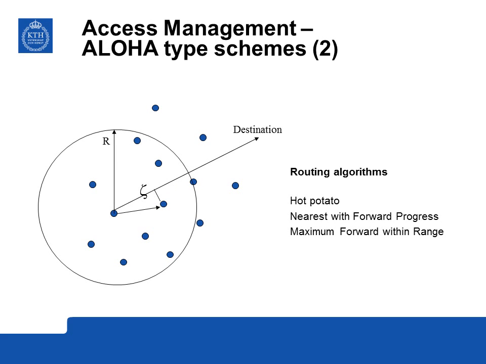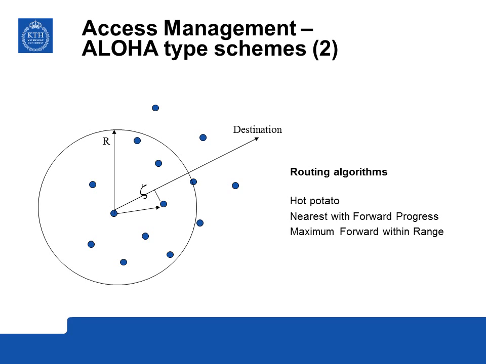We can pick a number of various routing algorithms. A very simple algorithm is the so-called hot potato algorithm, where we simply forward the packet to a random node in the vicinity. A more effective algorithm is the nearest with forward progress or the maximum forward within range algorithm.